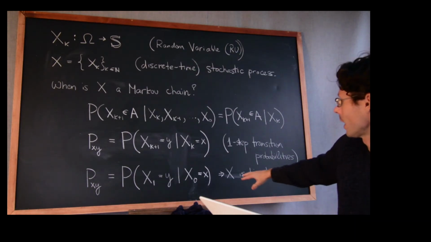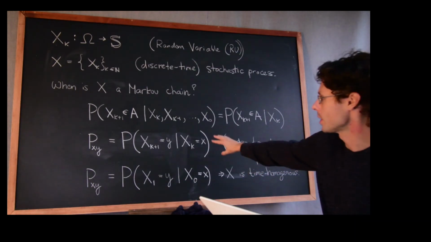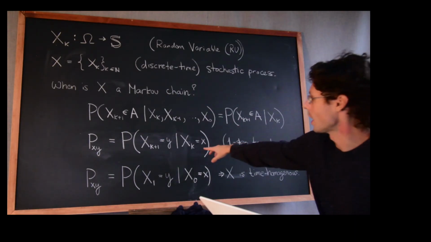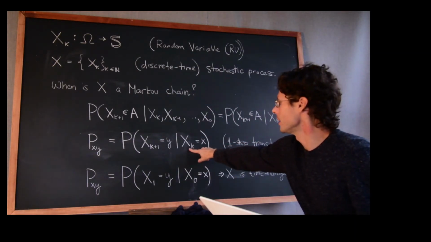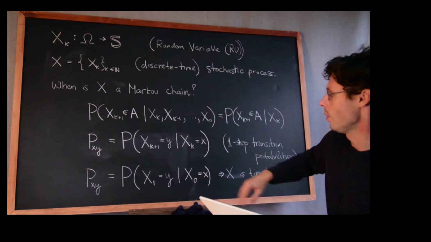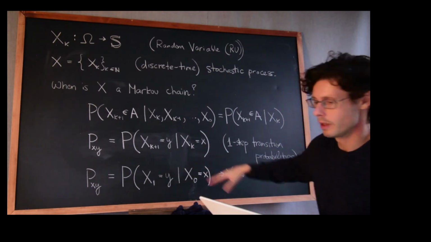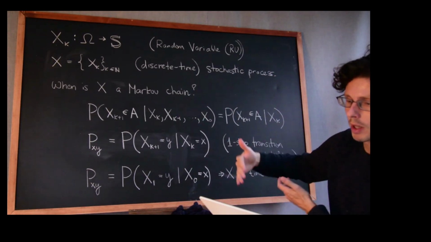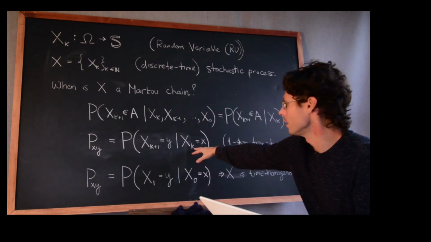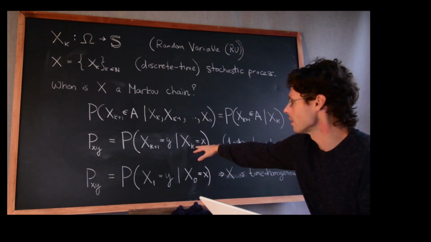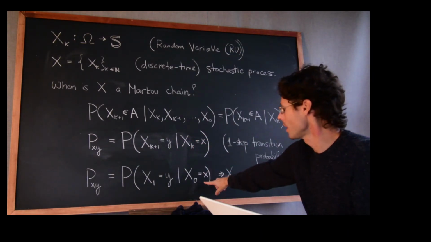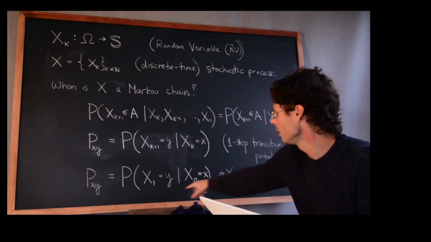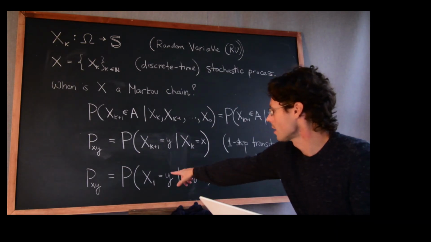One little caveat here is that sometimes these one-step transition probabilities may depend on what time you're looking at, on the time k. When they don't, when it doesn't matter what time of day it is, when the dynamics or the probability law of this process don't depend on whether it's night or day or next year or this year, and it only depends on how you're transitioning in one step, you can write them in this form, transitioning from time 0 to time 1 from the same two states, from x to y.